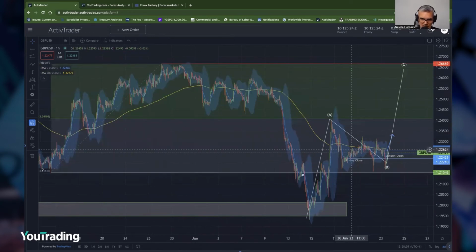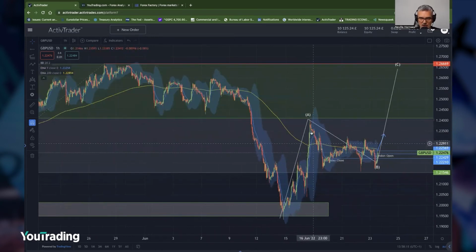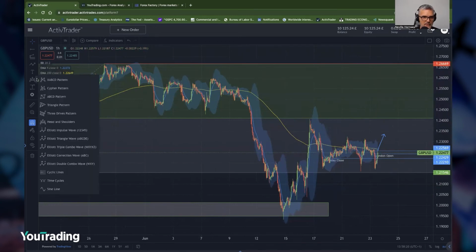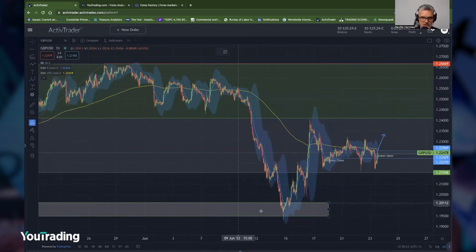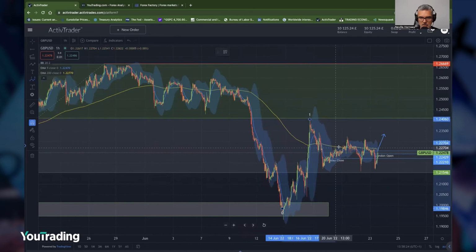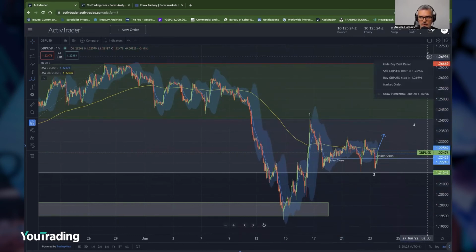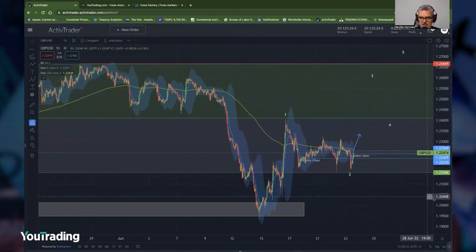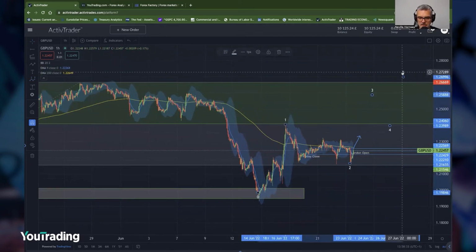Or if this is more of an impulsive move, this could become wave 1, with wave B terminating as wave 2, and then we'd look for waves 3, 4 and 5 in the future. So wave 1 to 2, 3, 4, 5. That's another potential wave count to the upside.